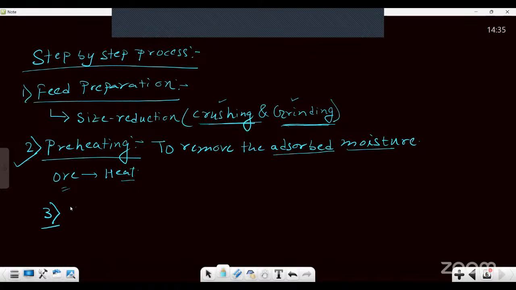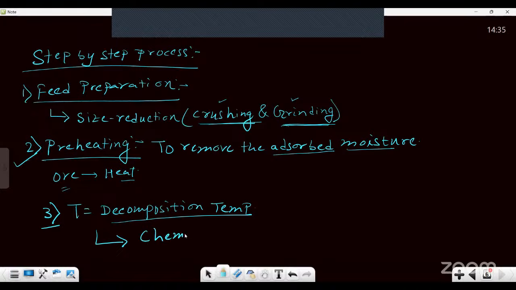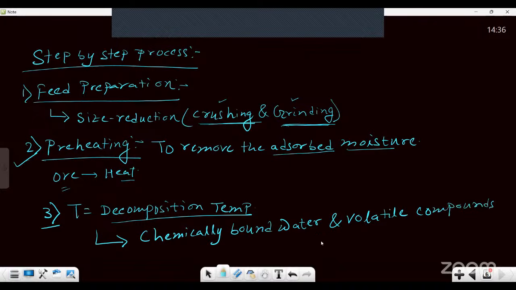Now, when I heat it to decomposition temperature, chemically bound water and volatile compounds like CO2 are evolved.